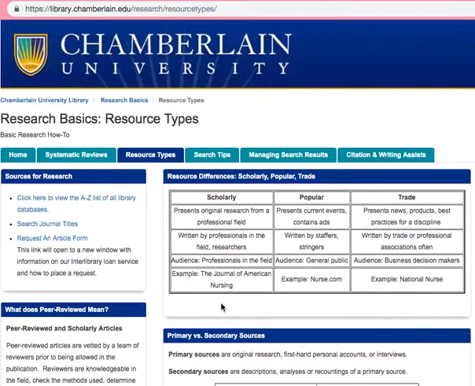But I can already tell you the best way to know if a resource is scholarly is if it's in an academic journal. Because academic journals are written by scholars for scholars. It's part of speaking to a designated audience of professionals in the field, written by professionals in the field who are scholars, and they're using some specialized language.